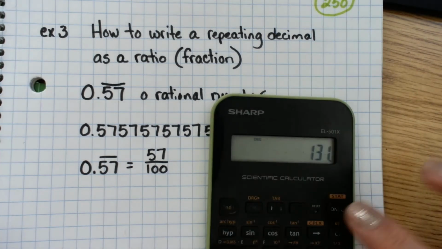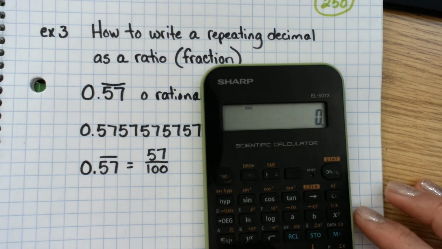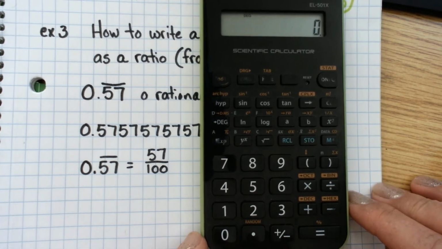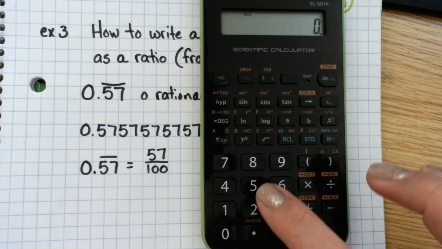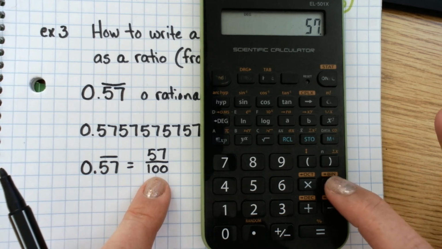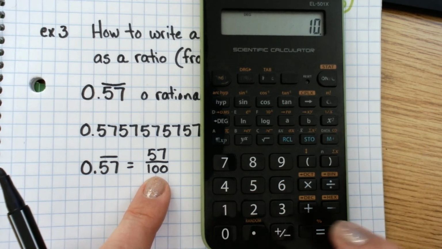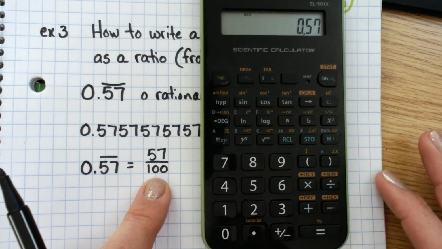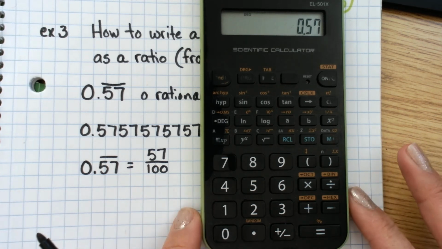So let's test that on the calculator. Let me see if I can slide it all the way up so you can see. There we go. 57 divided by 100 is 57 hundredths.